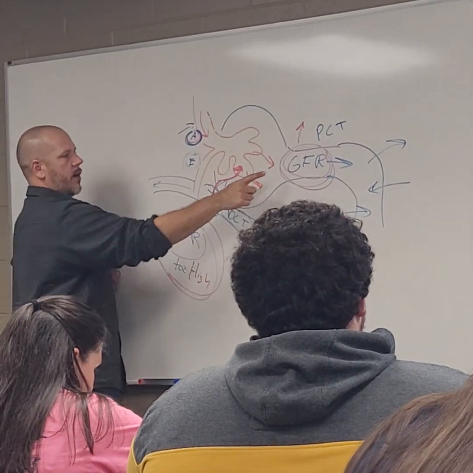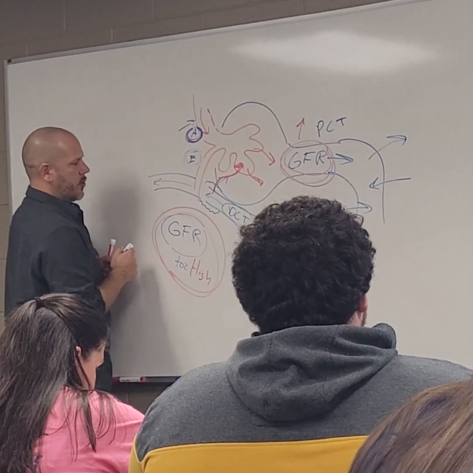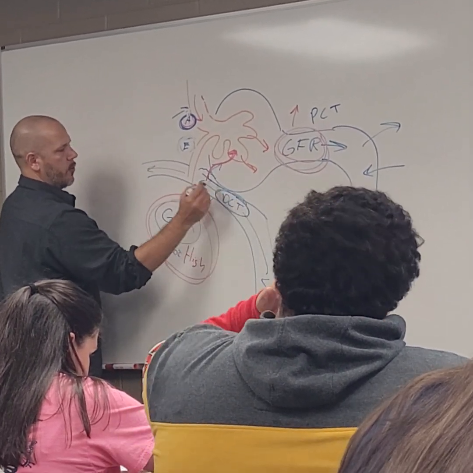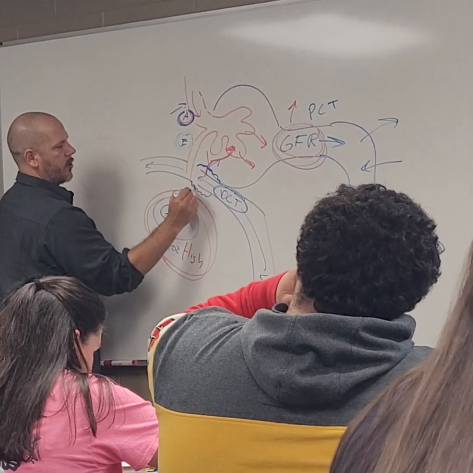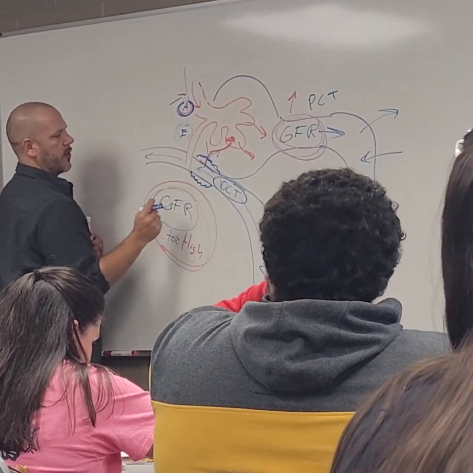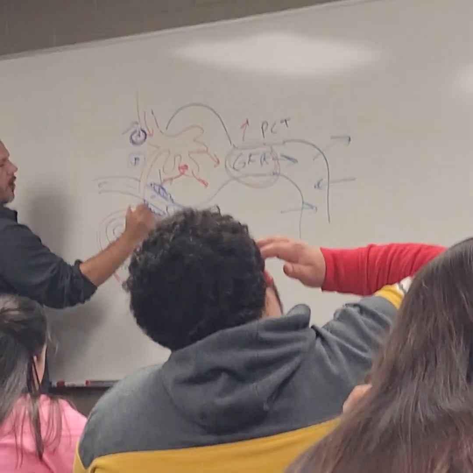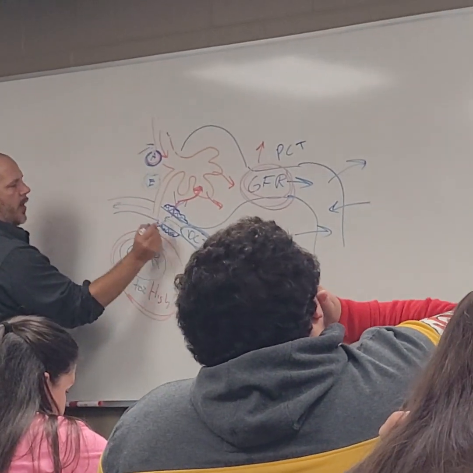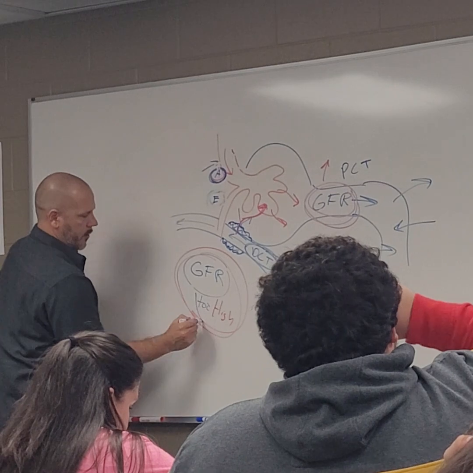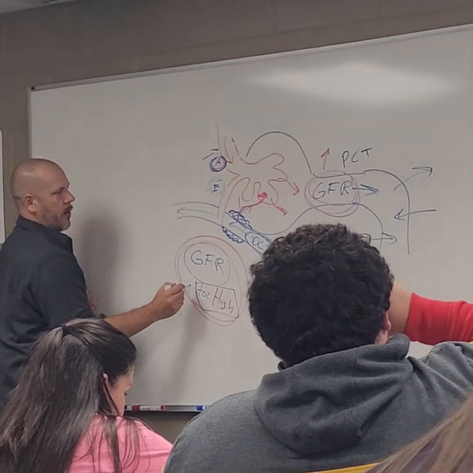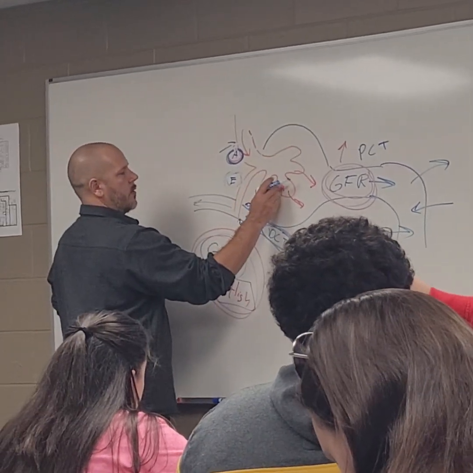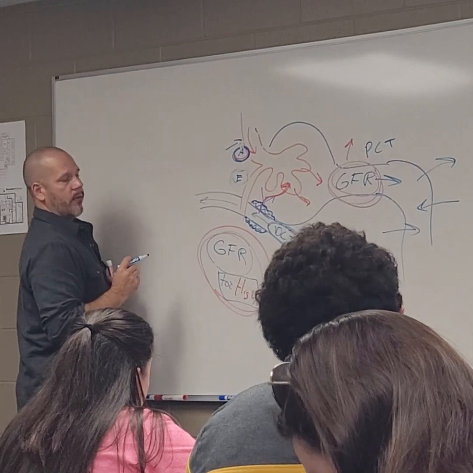The other way that I monitor and change GFR is to monitor it at the distal convoluted tubule. There's a group of cells here called the juxtaglomerular cells. That's why it's called the juxtaglomerular system or feedback loop. These cells are basically detecting flow rate, and if they detect a flow rate that is too high, they're going to tell these cells to relax.